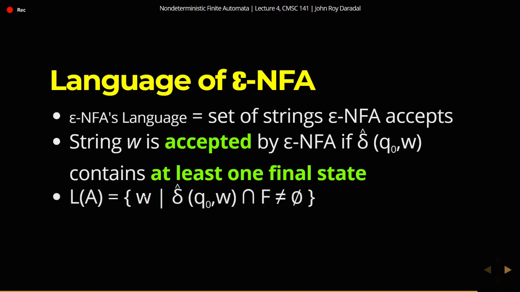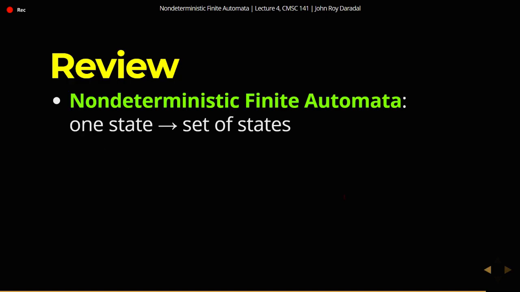So you take the set of strings that, if you use delta hat starting from the start state, we process the string together with some zero or more epsilon transitions that end up in one of the final states. So the intersection with the final states is not empty. Okay, so yeah, that's it.